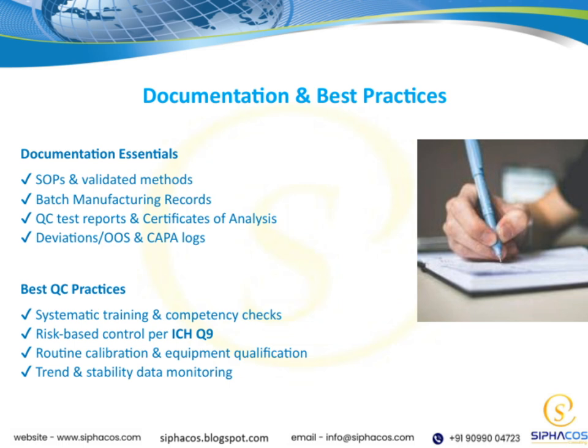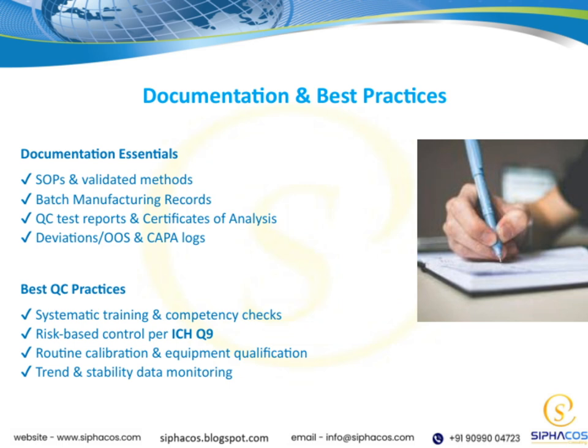Moving on to best QC practices, systematic training and competency checks are key to ensuring our personnel are always equipped with the right knowledge and skills. Risk-based control, as outlined in ICH Q9, helps us focus our resources on the most critical areas, enhancing overall quality. Routine calibration and equipment qualification are necessary to maintain accuracy and reliability of our instruments.